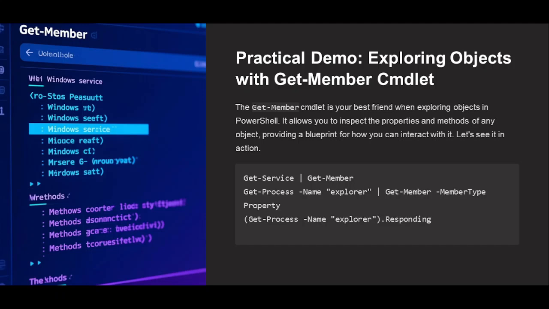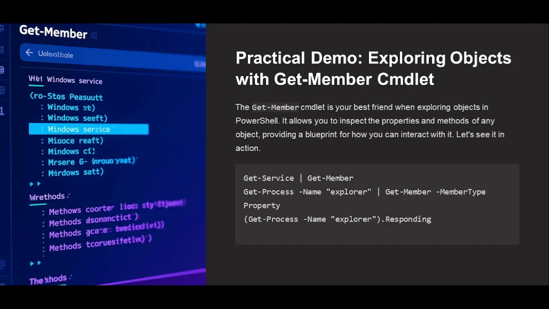Whenever you write any PowerShell cmdlet and add a pipe and Get-Member after it, you will receive all the properties and methods for that object. But if you want to see only one type, like properties only, you can also do that with Get-Member -MemberType Properties. It will show you all the properties of that object.